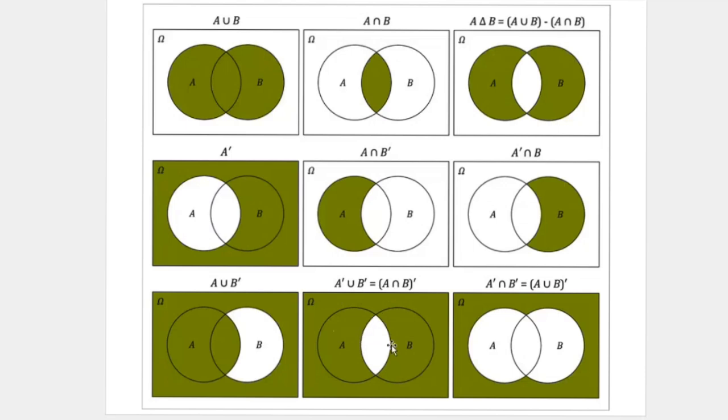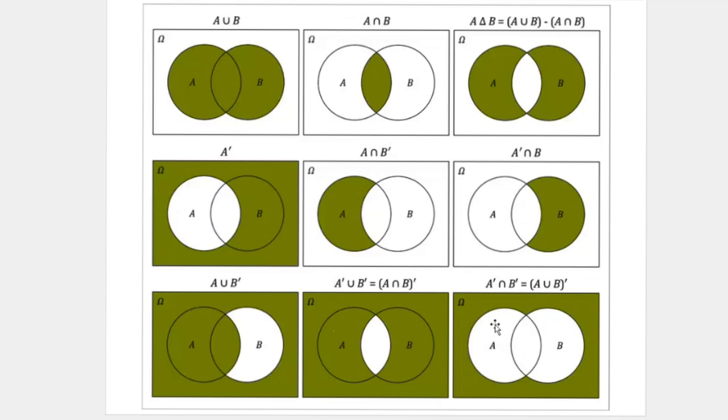So if I say A intersection B, normally the operation inside this bracket, A intersection B, is just here, right? But then now I put a prime on the outside, and prime is everywhere else except what's here. So everywhere outside this particular spot is shaded, and that's why here is not shaded and everywhere else is shaded, right?